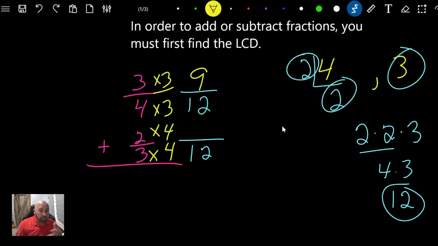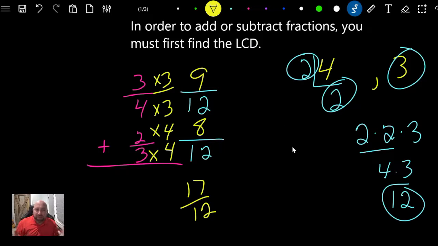We're multiplying by 1. Times 4, 2 times 4 is going to be 8. So our new fraction is 8 over 12. So we have 9 over 12 plus 8 over 12. So we're going to go ahead now and add these two fractions. We get 9 plus 8, and we come up with 17 over 12 as our answer.